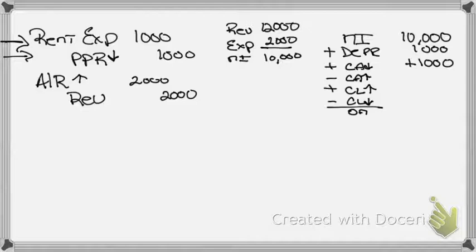However, did we get cash for that revenue? We did not. But yet it increased our revenue, which increased our net income. So we need to come over here and subtract $2,000 because this journal entry increased our net income, but yet we did not get any cash. And all we're trying to do is figure out how much of that $10,000 was actually cash. And that $2,000 was not cash.